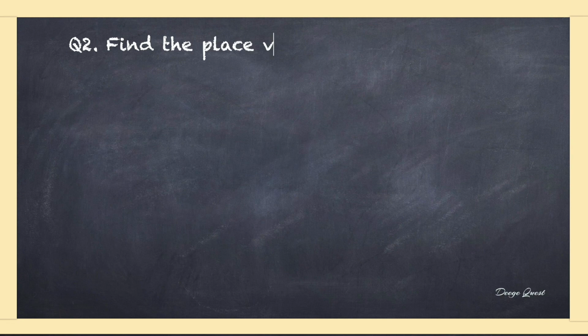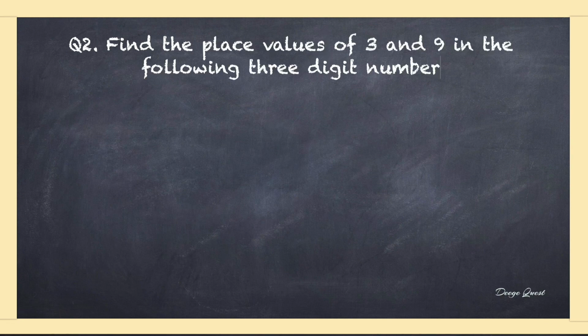Find the place values of 3 and 9 in the following 3-digit number. 938. First, we need to find the positions of 3 and 9 in the number. We can see that 3 is in the tens place and 9 is in the hundreds place.